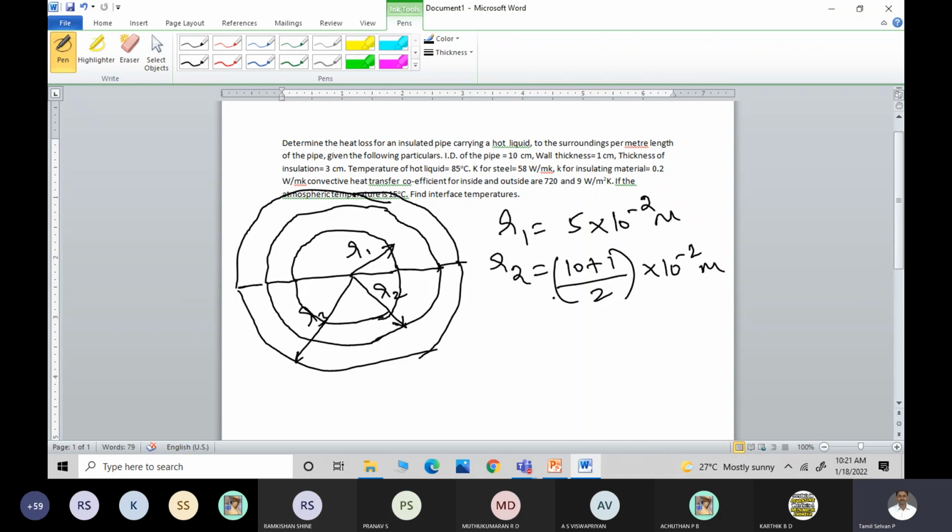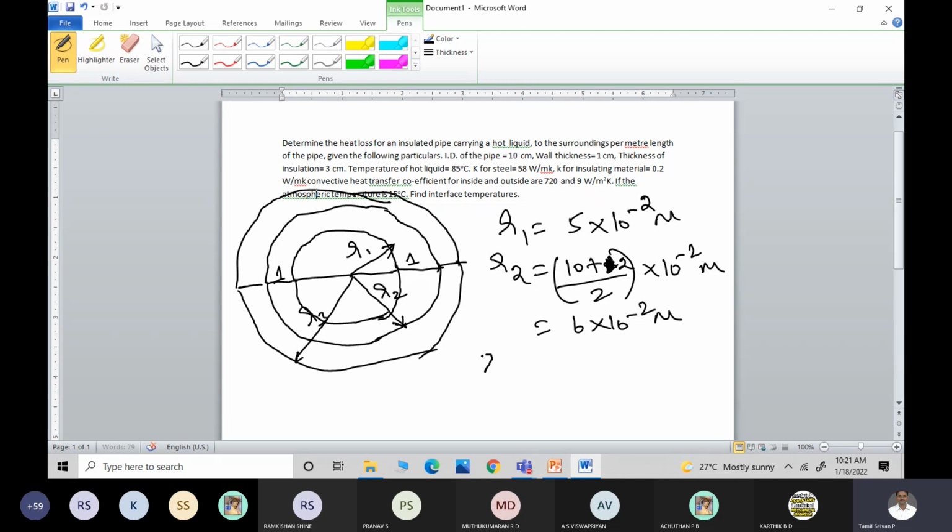Yeah, that's correct. 1 centimeter here, 1 centimeter here. So 10 plus 2 divided by 2. When we talk about radius, it will become 6. So that is 6 into 10 power minus 2 meters. Thank you, ma.